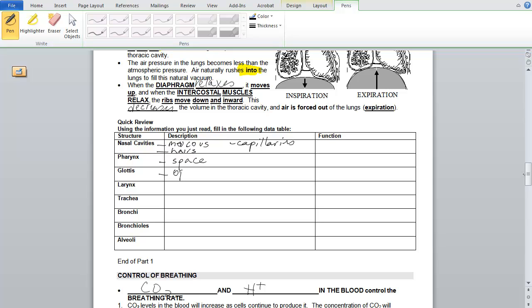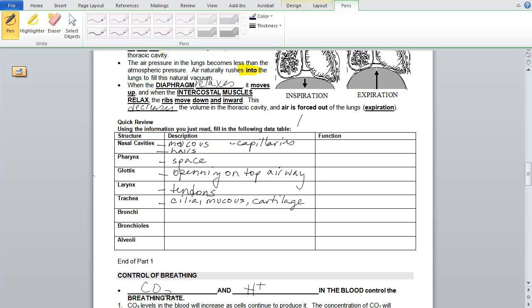The glottis is the opening on the top of our airway, and it's protected, remember, by the epiglottis. The larynx consists of tendons that are pulled tightly. The trachea has cilia, has mucus, has cartilage.